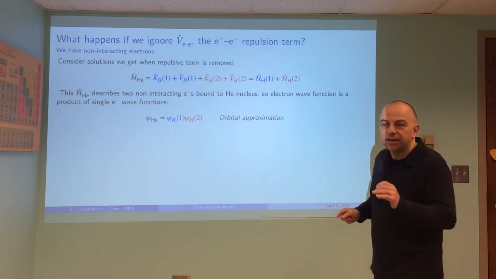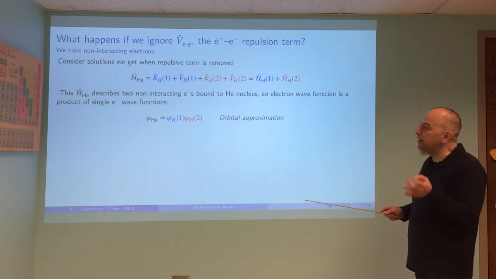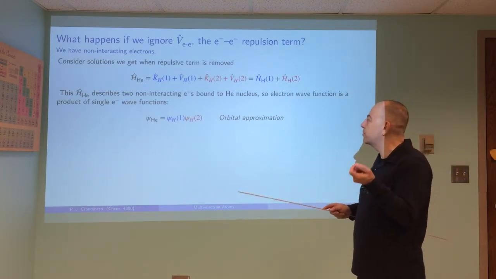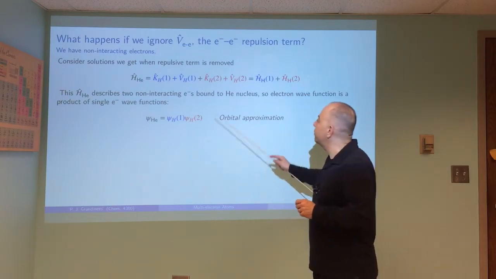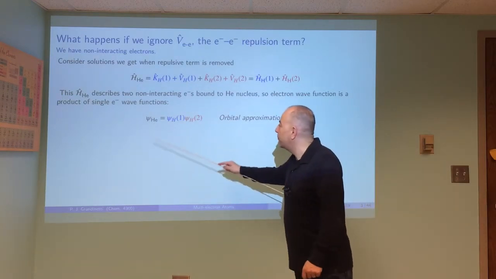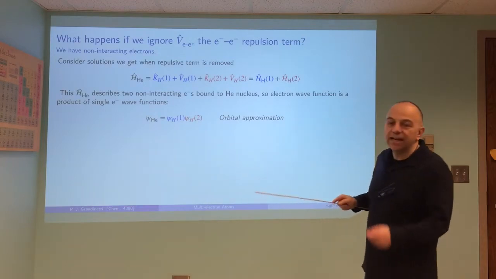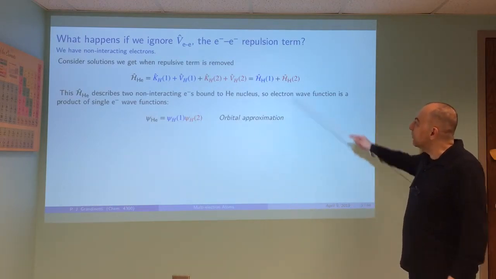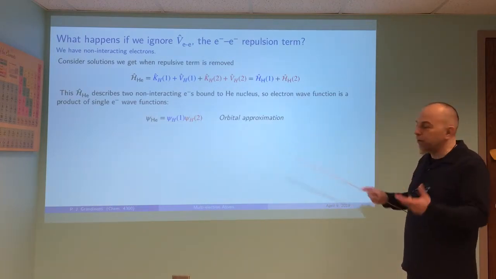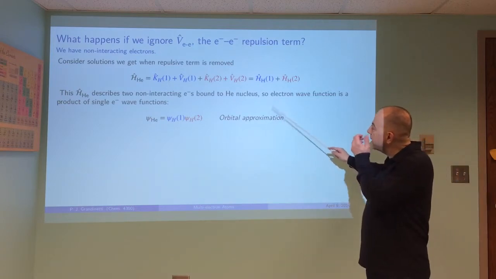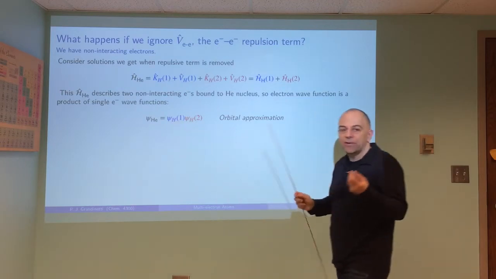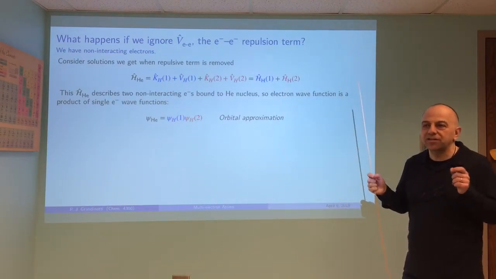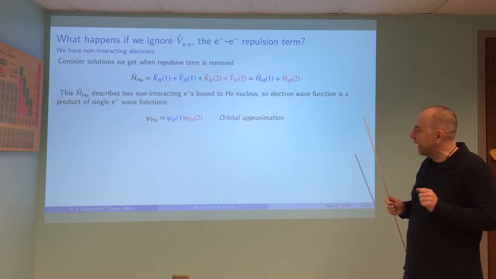We talked in the previous chapter about non-interacting Hamiltonians, where the Hamiltonian can be written in this form, and what we learned was that you can write the total wave function as just a product of the individual wave functions in this non-interacting particle limit, right? So for multi-electron atoms or molecules, we're going to call this the orbital approximation, where we just assume that the electrons don't see each other, okay?